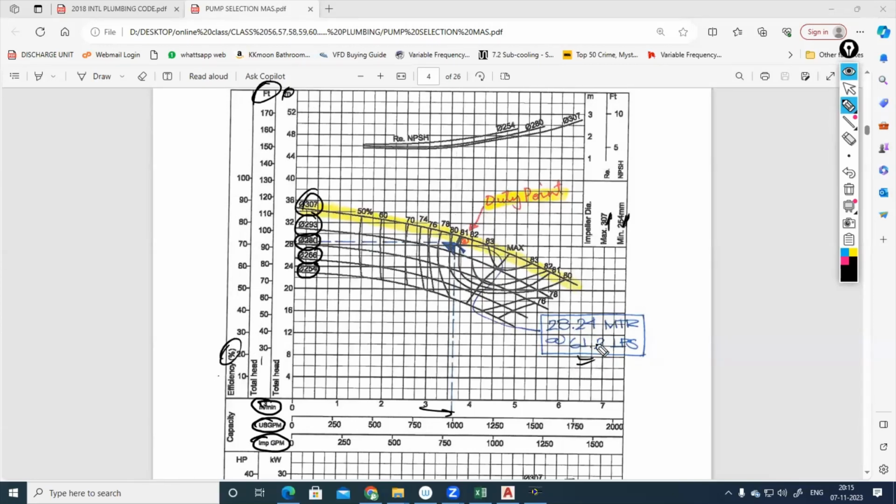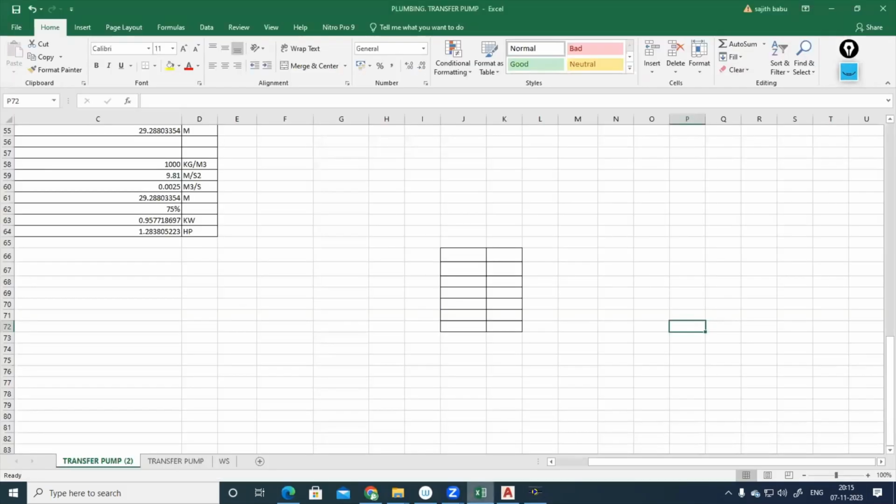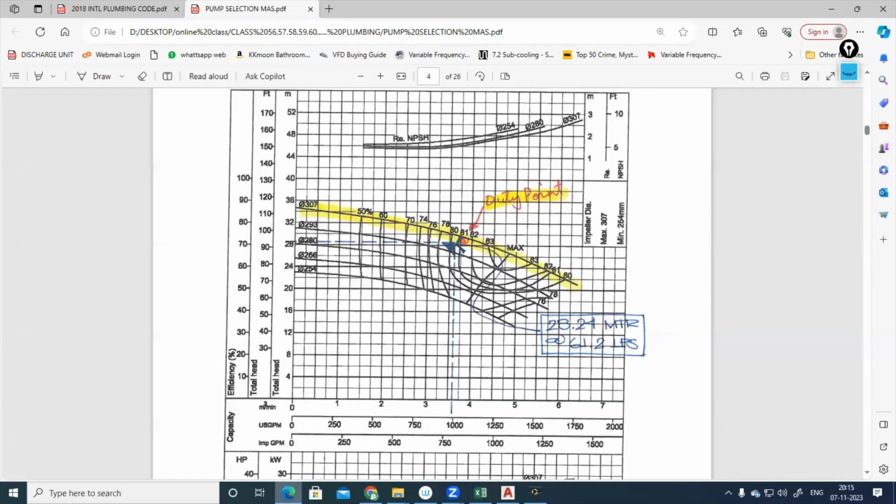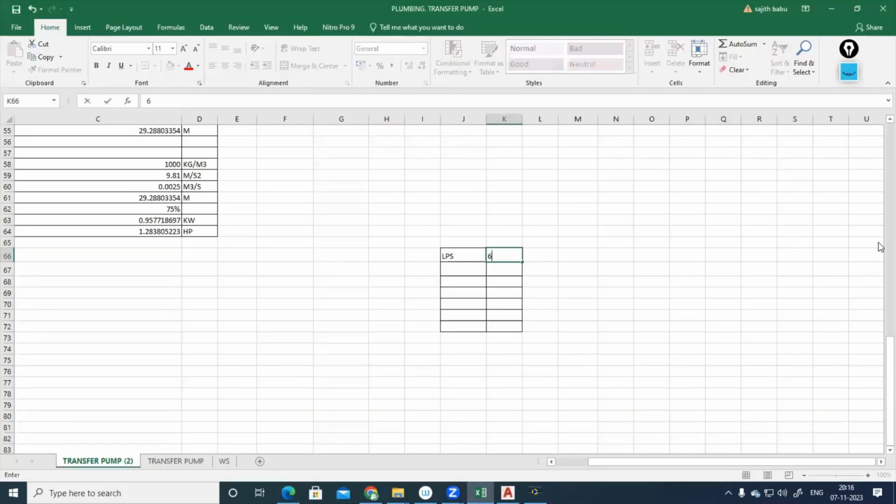We have to select this one, but our design is in liter per second. Liter per second, we have to convert into either meter cube per minute or US GPM or imperial GPM because liter per second is not there in X-axis. So we have to convert this. Some previous design, 61.2 liter per second.